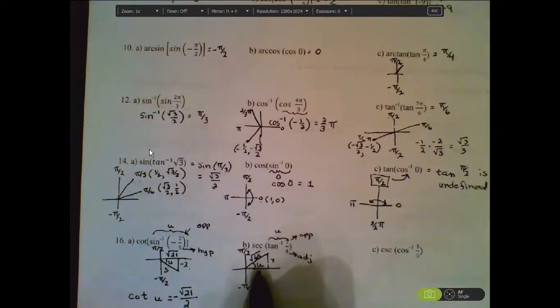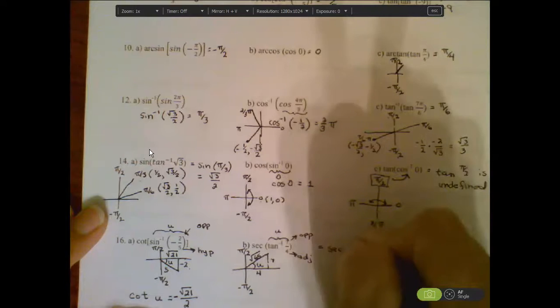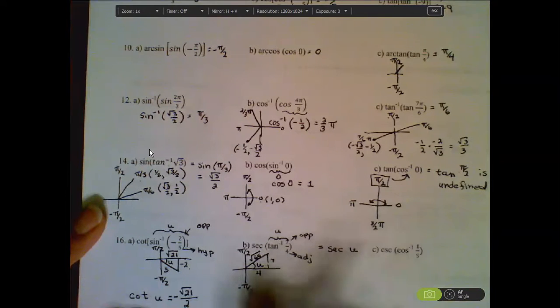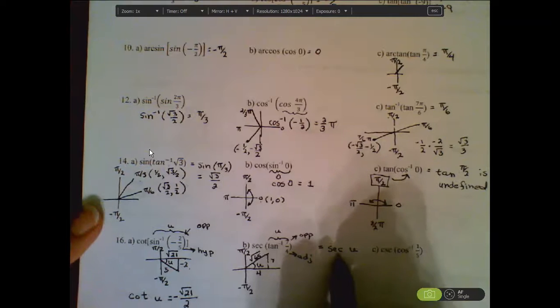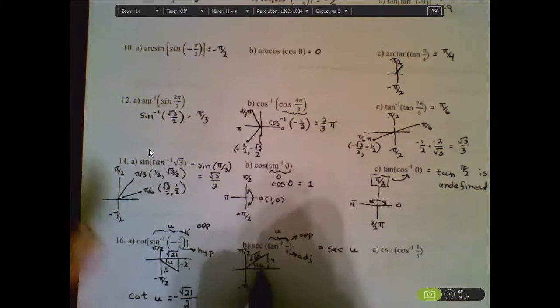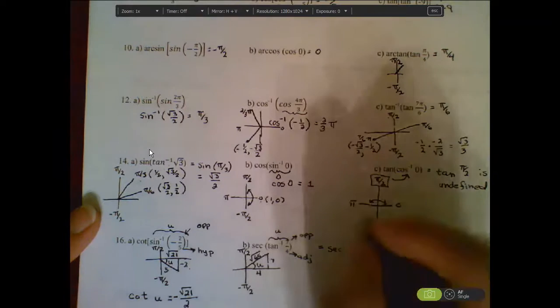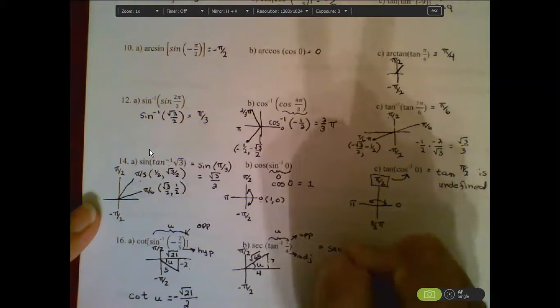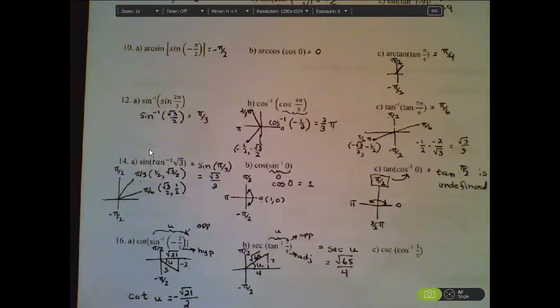I don't know the degree measure or the radian measure of this angle U, but I can find secant of U, because secant is the reciprocal of cosine. Cosine would be 4 over square root of 65. Secant would be square root of 65 over 4.